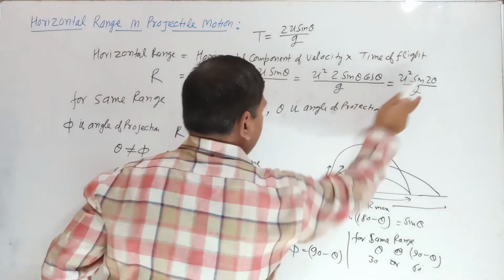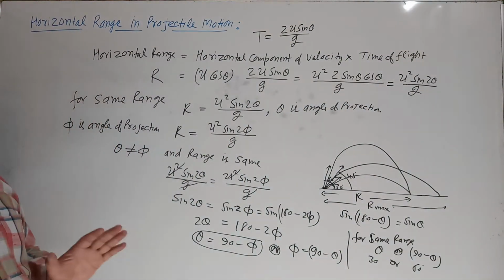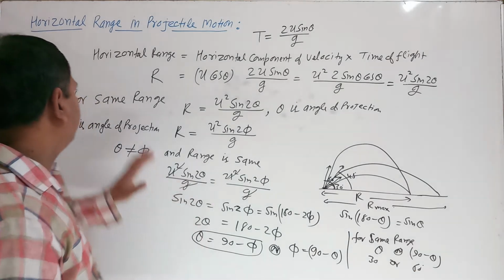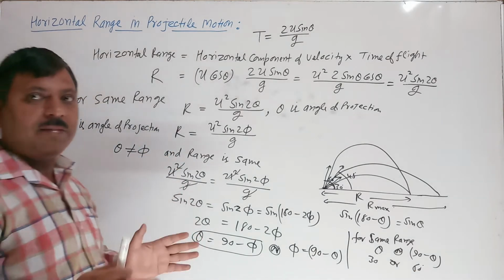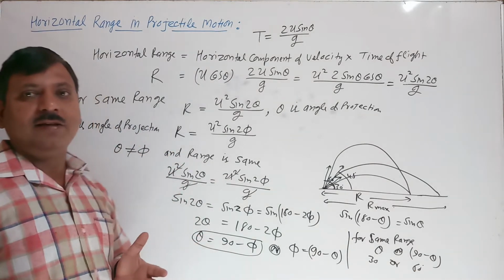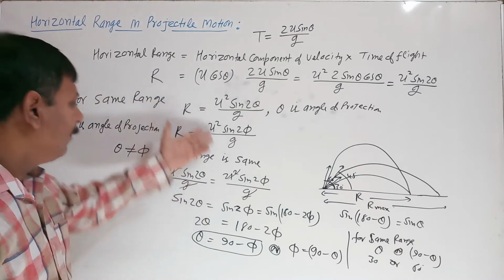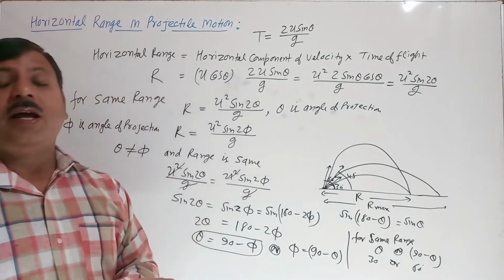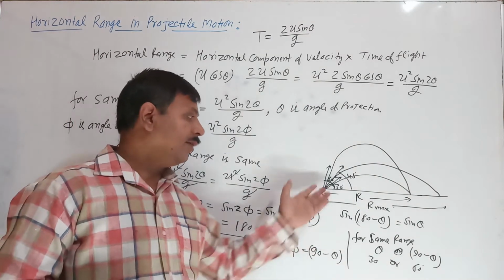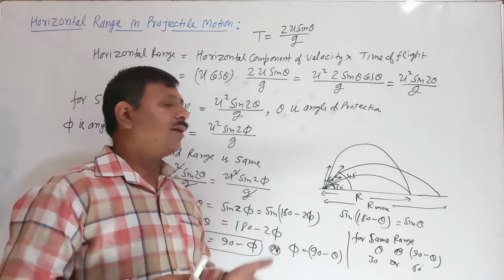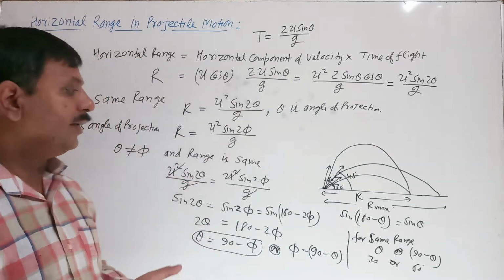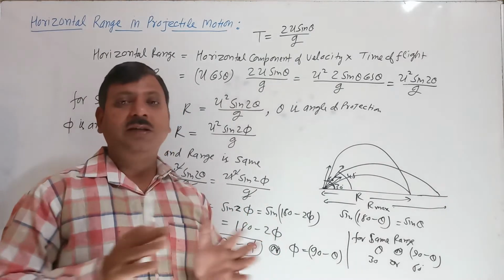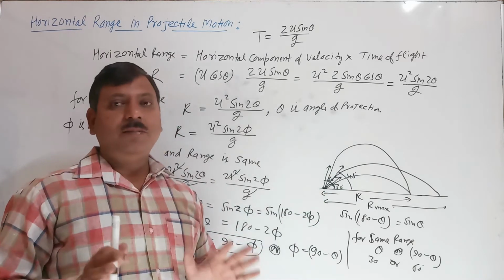Formula is u square sin 2 theta upon g, and I have told for maximum range theta is equal to 45, and for same range if you are taking different angles of projection, I have shown you their relation is they are complementary angles. Mean if one angle is theta, then another angle should be 90 minus theta. Angle of projection you have taken theta and 90 minus theta, range will be same.